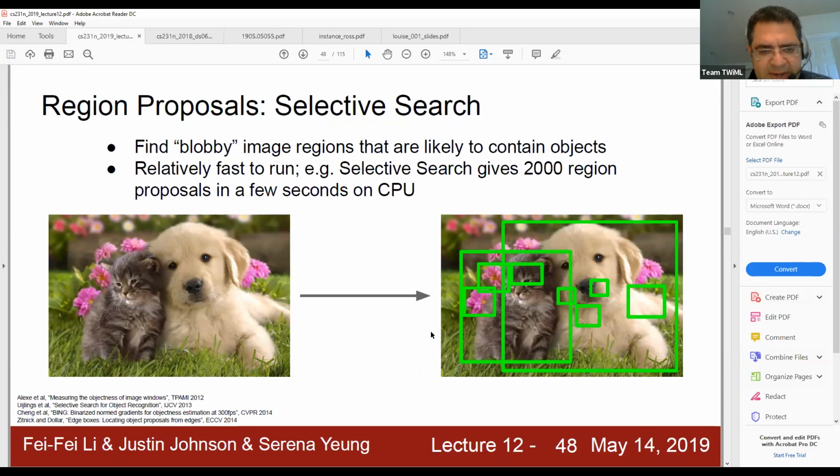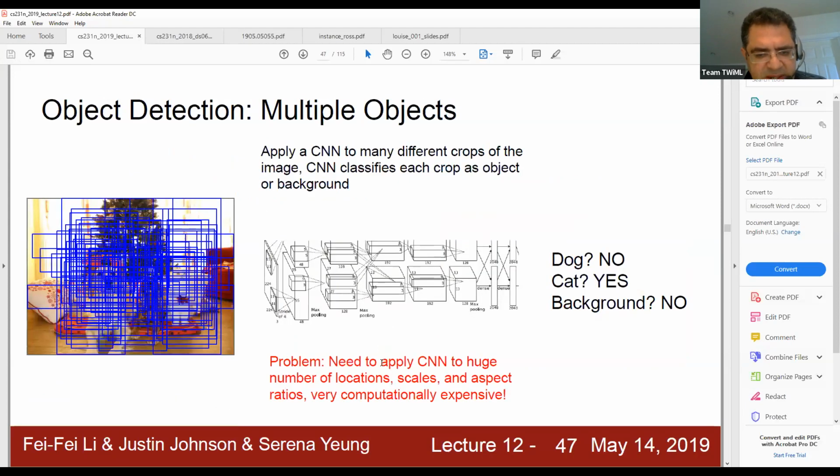Selective search runs in about a few seconds on a CPU, and it will generate, say, 2000 regions of interest. Like this. So you see some of them have different aspect ratios, different scales, and different locations. Those are the three things to remember: locations, scales and aspect ratios. So think of giraffe versus soccer ball.